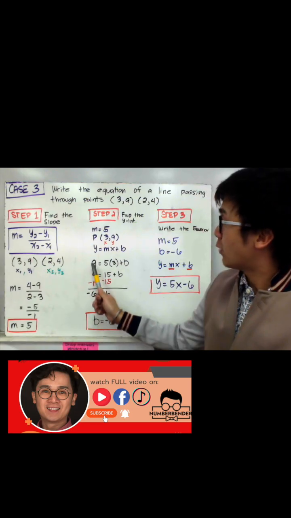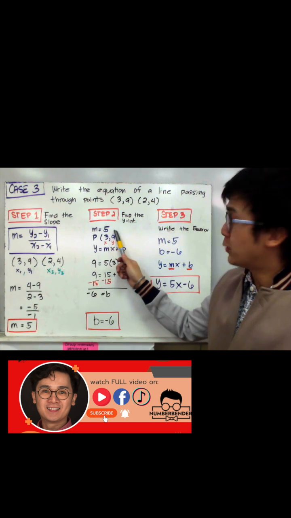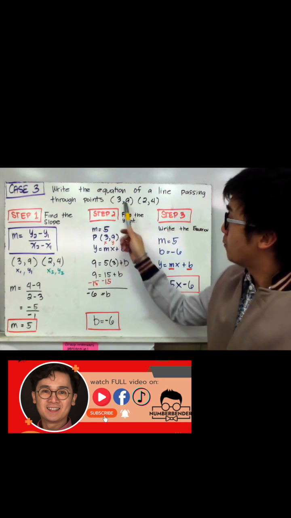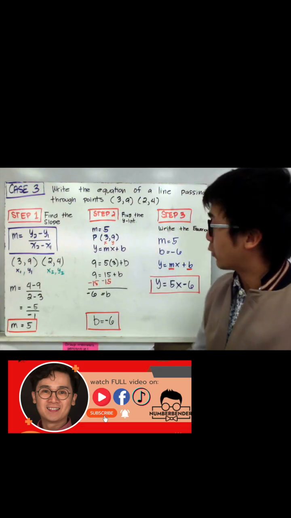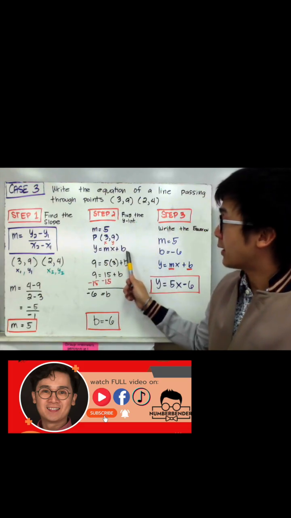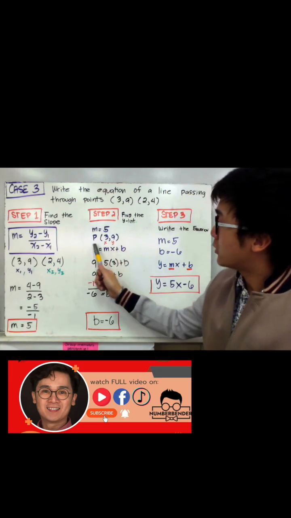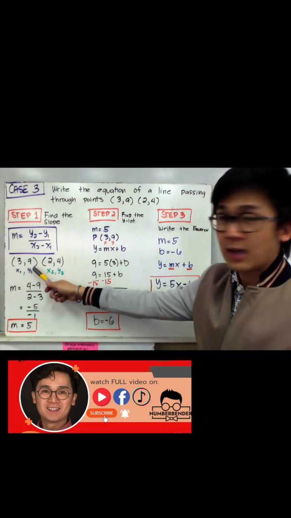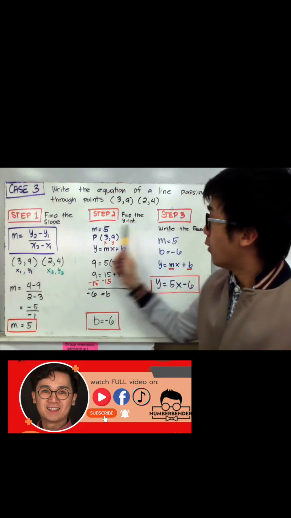We need to find the y-intercept this time by using our slope, which is m equal to 5 from step number 1, and picking between these 2 points to replace x and y in our equation, y equal to mx plus b. In my step number 2, I chose (3, 9) as the point that I will use to find my y-intercept.